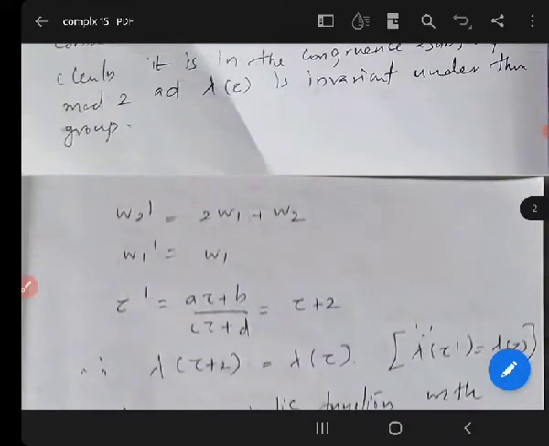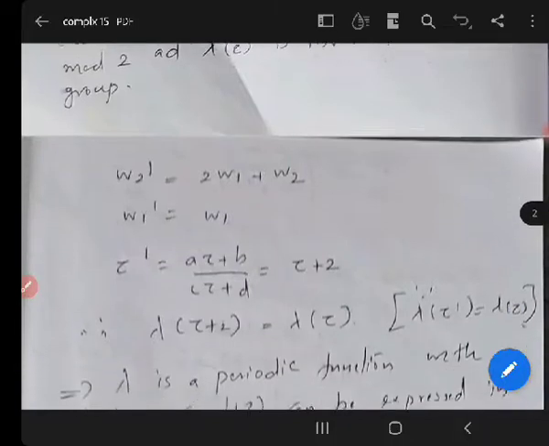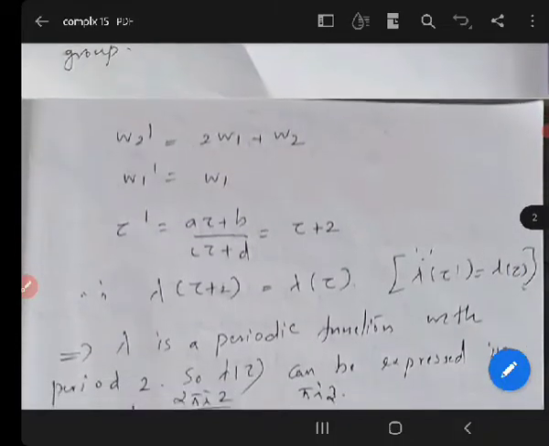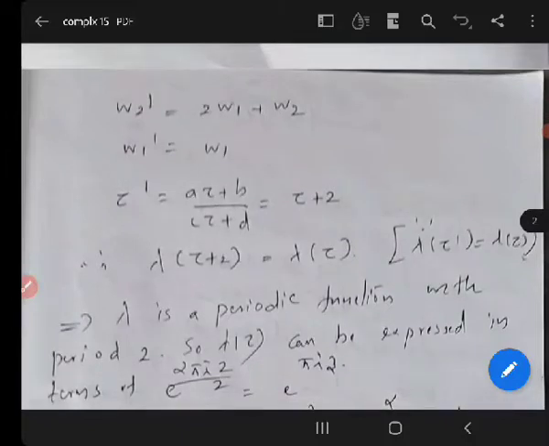Now here omega 2 dash is omega 1 plus omega 2, and omega 1 dash is 1 omega 1 plus 0 omega 2, that is omega 1, right? So we can see that lambda of tau plus 2 is lambda of tau, because tau dash is tau plus 2. So what we can conclude is that lambda is a periodic function with period 2.